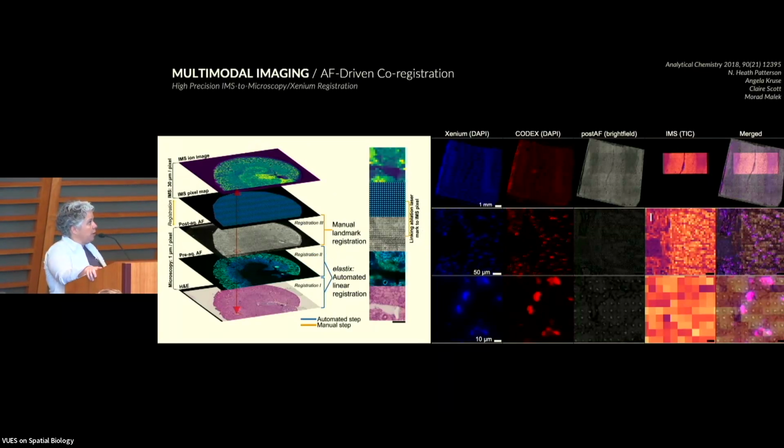It's being spearheaded by Angela Cruza in our lab, along with a group of graduate students, where they are essentially collecting that autofluorescence, IMS, histology, and then serial sections, including CODEX and Xenium, and co-registering those serial sections in a manner that does allow them to drive that cross-modality data mining.